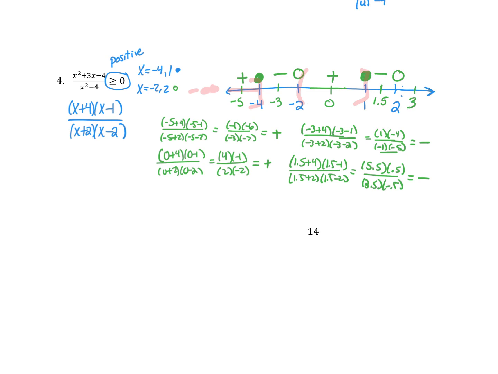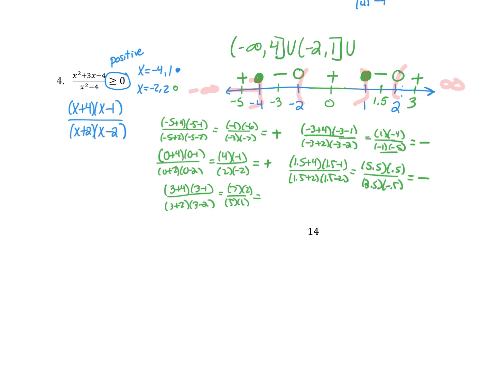Oh, I got to test 3, so let's do that really quick. 3 plus 4, 3 minus 1. 3 plus 2, 3 minus 2. 7 times 2 over 5 times 1, all positive, so after is going to be positive. So from 2 not included to infinity. So my final answer would be from -infinity to -4, union -2 to 1, union 2 to infinity. Oh, this is a -4. Sorry about that. So that would be my final answer for 4.